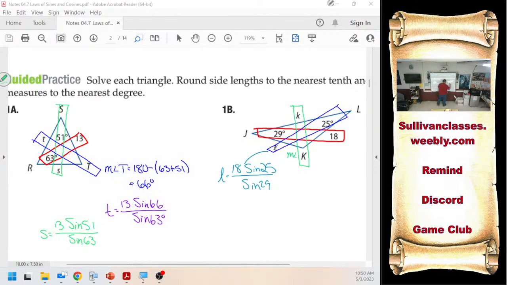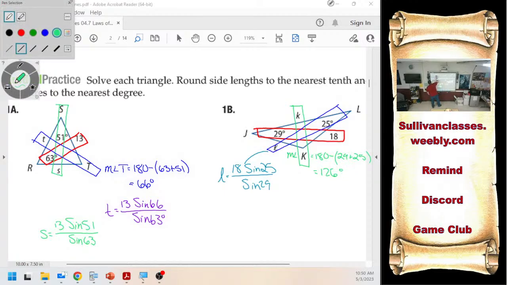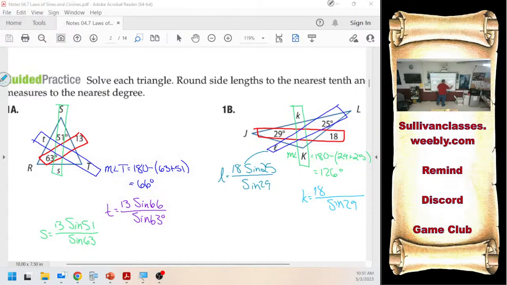The measure of angle K is 180 minus 29 plus 25, which is 54, so 126. So, little k, start with your control pair, 18, sine 29. Now I know the angle to pair with it, so sine of 126.